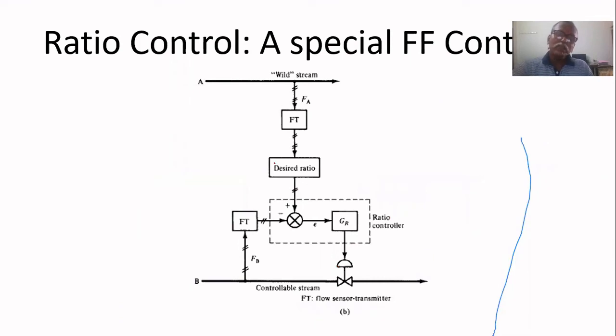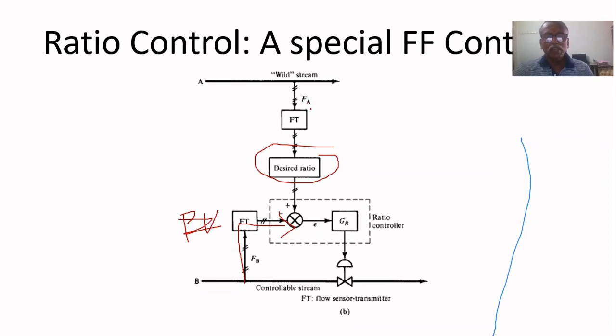The same can be designed in another way. Here, this air flow rate is directly given as the process variable. We are measuring the disturbance. We are thinking of it as a feed-forward controller. The disturbance is measured, not the process variable. This is the filter for the set point. Let us assume that the wild stream is there.